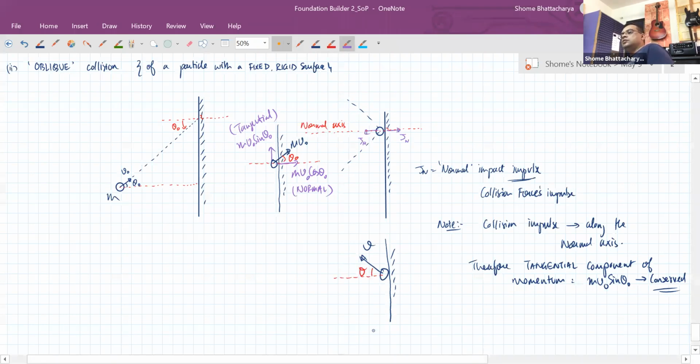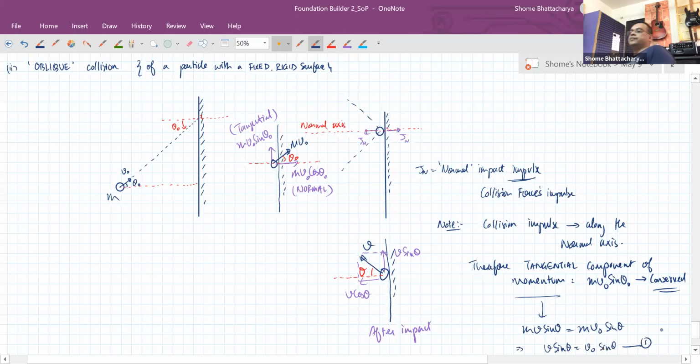Now you can see this is the tangential component, v sine theta, and this is the normal component, v cos theta. So the tangential component of momentum is conserved. That means m v sine theta is equal to m v naught sine theta. So that gives us the first equation, that v sine theta is equal to v naught sine theta naught.